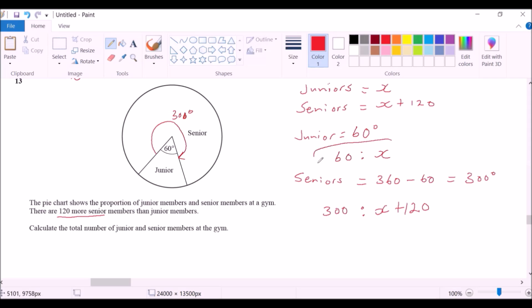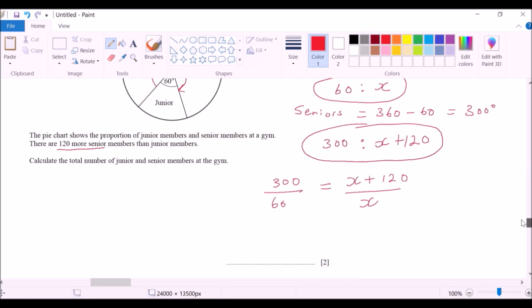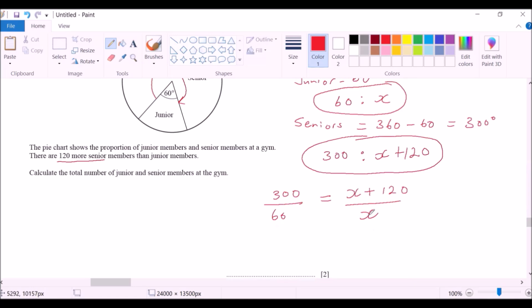So using these two ratios, we can form an equation. So we can say 300 over 60 is equal to x plus 120 over x. Now we simplify this equation by cross multiplying here.